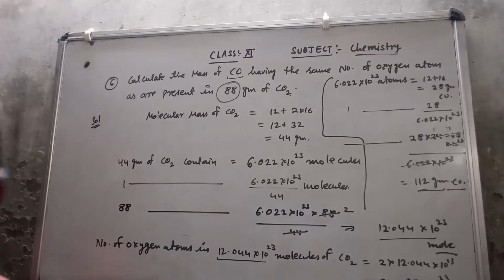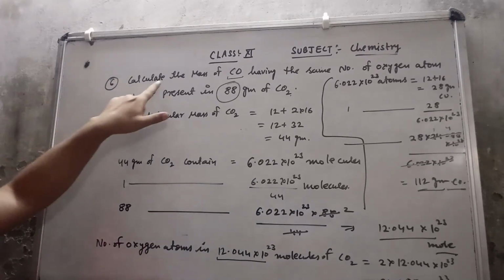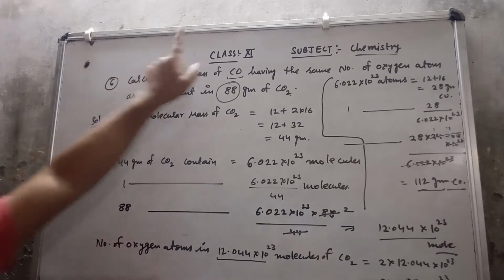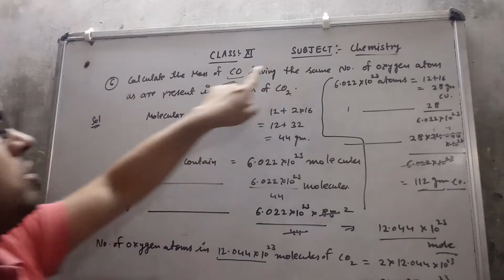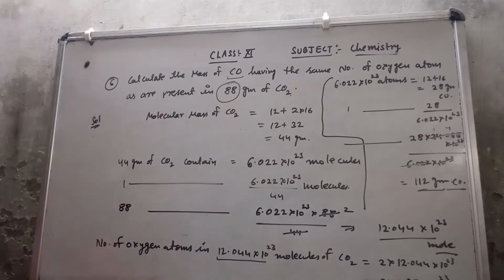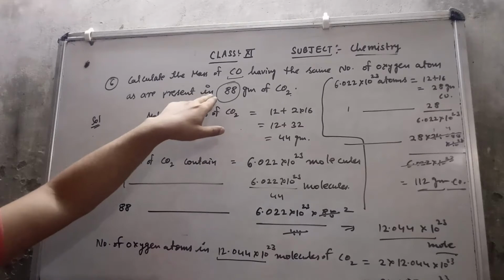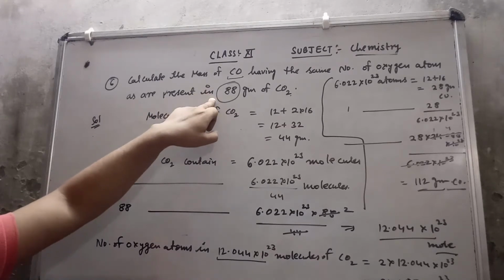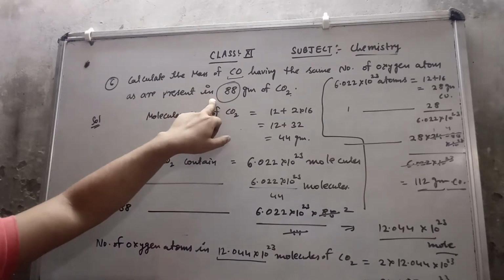So again I will discuss the same question with you. Please check out. They are asking the mass of carbon monoxide having the same number of oxygen atoms which are present in 88 gram of carbon dioxide. So first of all, I want to find out the number of oxygen atoms in 88 gram of carbon dioxide. I have converted it into moles.